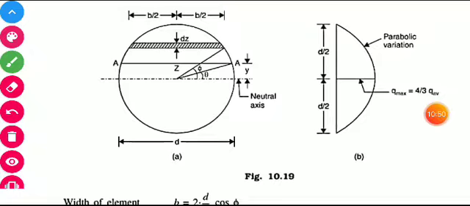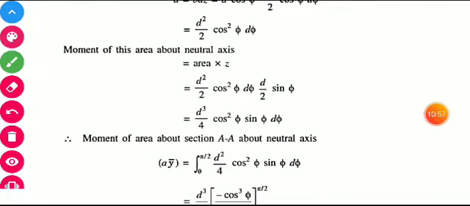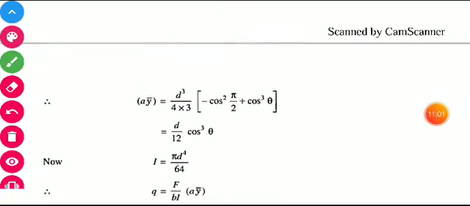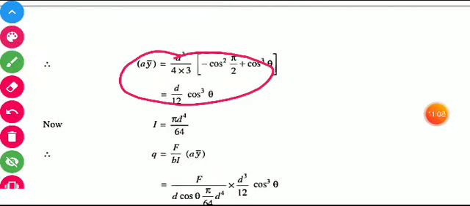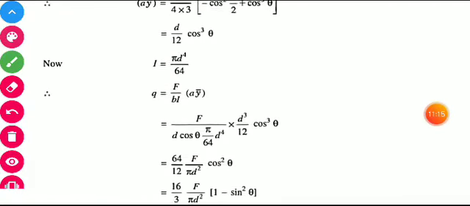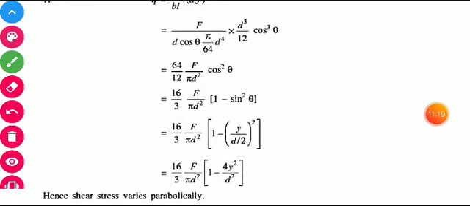So you integrate this value to 180, put all these values, and you get the value of a into y bar throughout the cross section, and the value of I. You put the same thing, trying to shorten the derivation part.